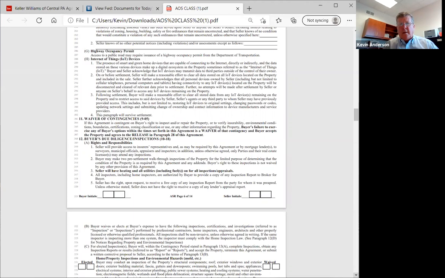Under paragraph 12, now we're getting into the home inspections, and it just says seller's going to provide access to whomever needs to get in there to make these inspections, and that they're supposed to have the heating and utilities on, including water, for the inspections and appraisals.